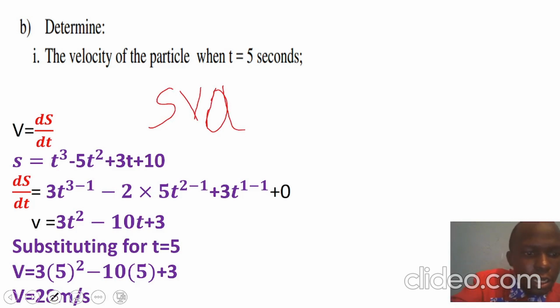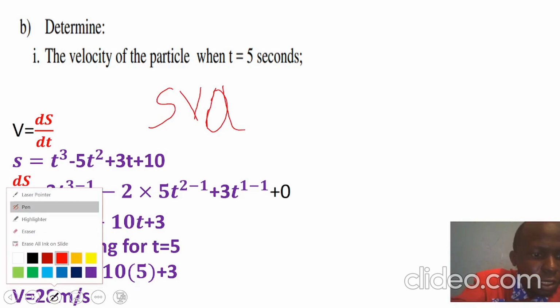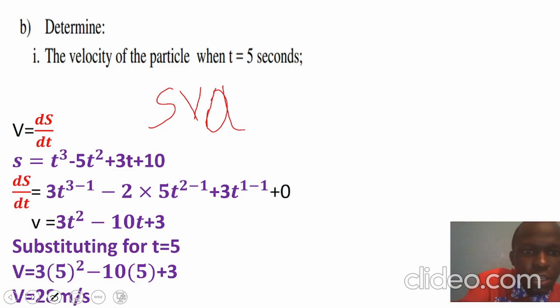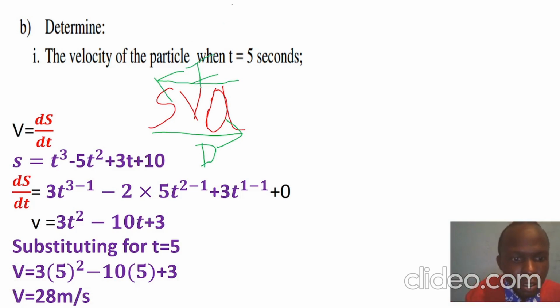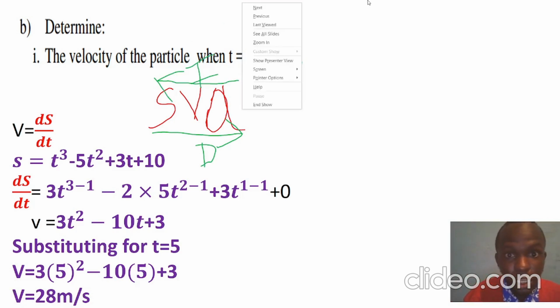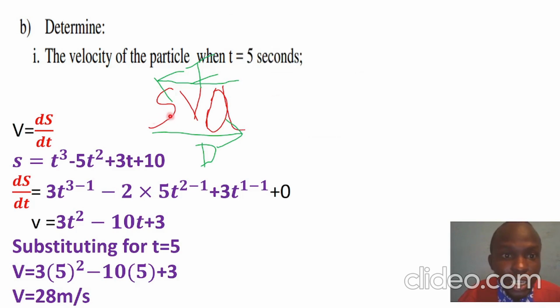From this direction, what we do is differentiating. From that direction backwards, we are integrating. Now for us, SVA is the key we should use here. To get a velocity from displacement, we have to differentiate.